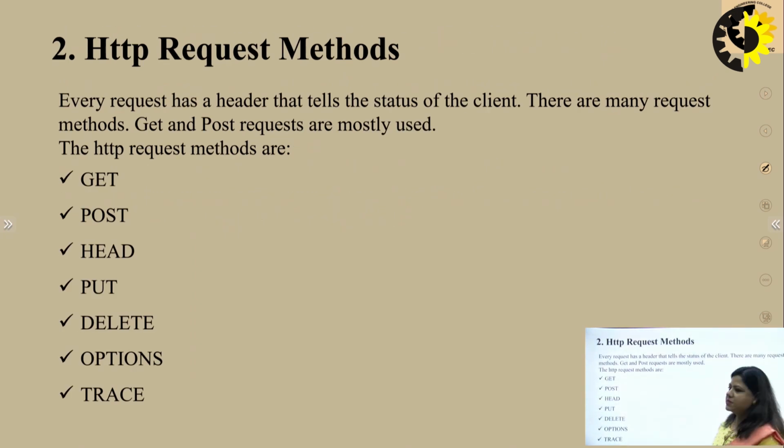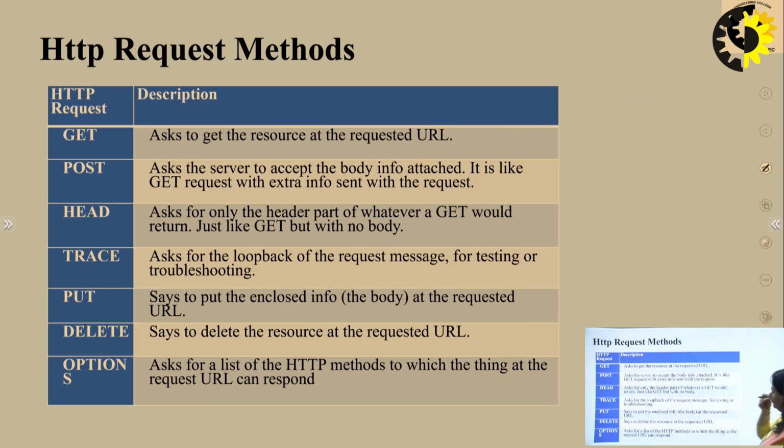There are some request methods: get, post, head, put, delete, options, and trace. What is the use of these methods? Get asks to get the resource at the requested URL. With the help of the get method, we can retrieve that resource which is required at the requested URL.